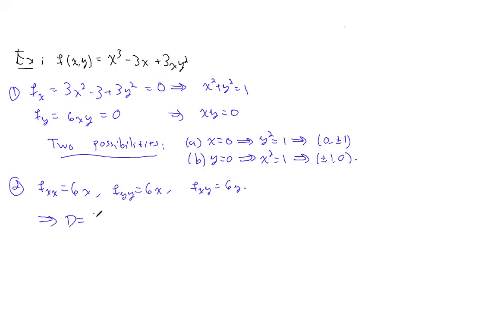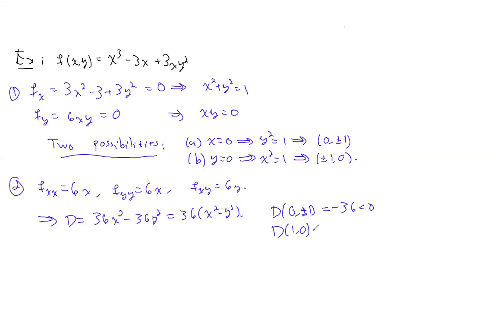So d is 36x squared minus 36y squared, which is, in other words, 36 times x squared minus y squared. So d of 0, plus or minus 1, in this case you can confidently do plus or minus 1 since we're squaring everything. That's going to become negative 36, which is negative, obviously.